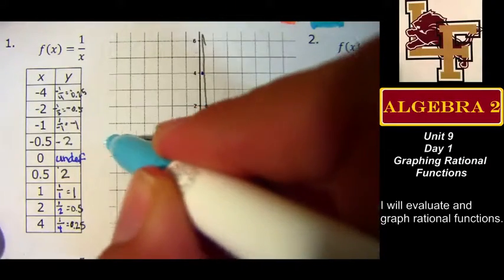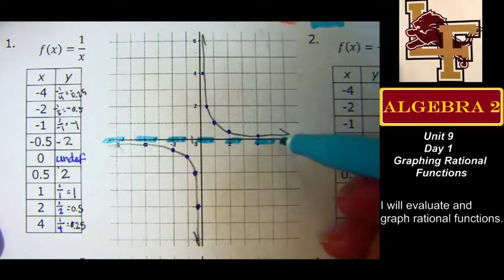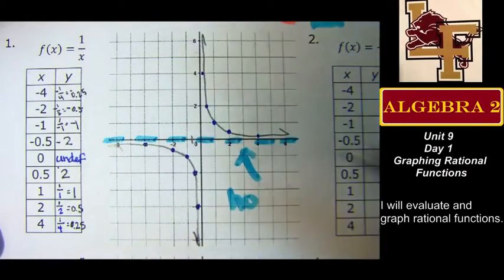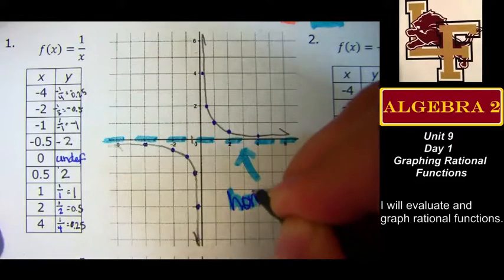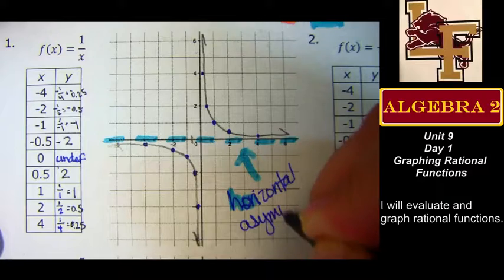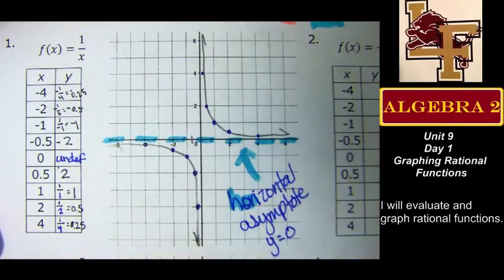Okay, so it looks like we've got some sort of asymptote happening right here. Horizontal or vertical? Horizontal. Oh goodness, that pen is shot. So this looks like some sort of horizontal asymptote. And what would its equation be? Y equals 0.